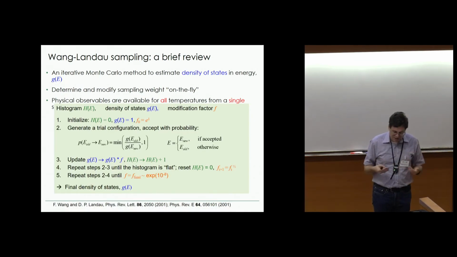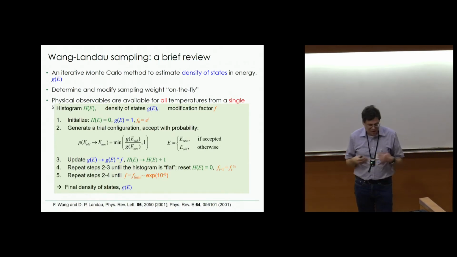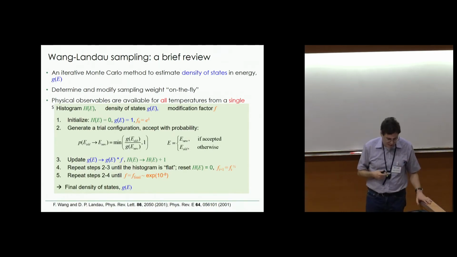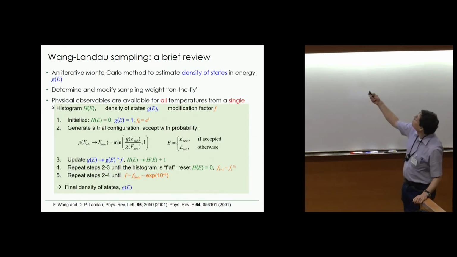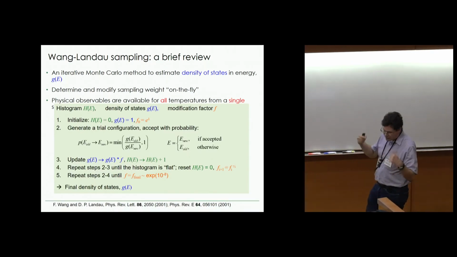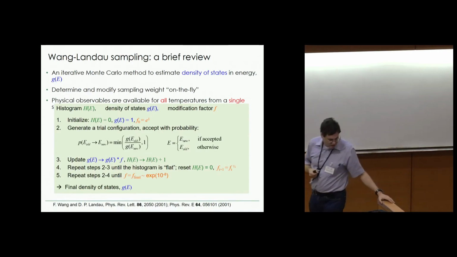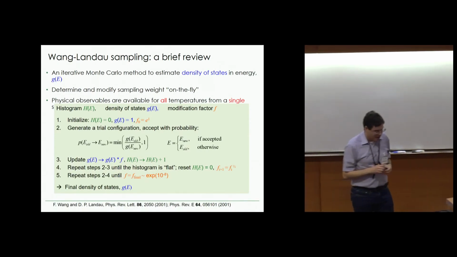We repeat this until we get a sufficiently flat histogram, and then we reduce the update factor f and repeat.